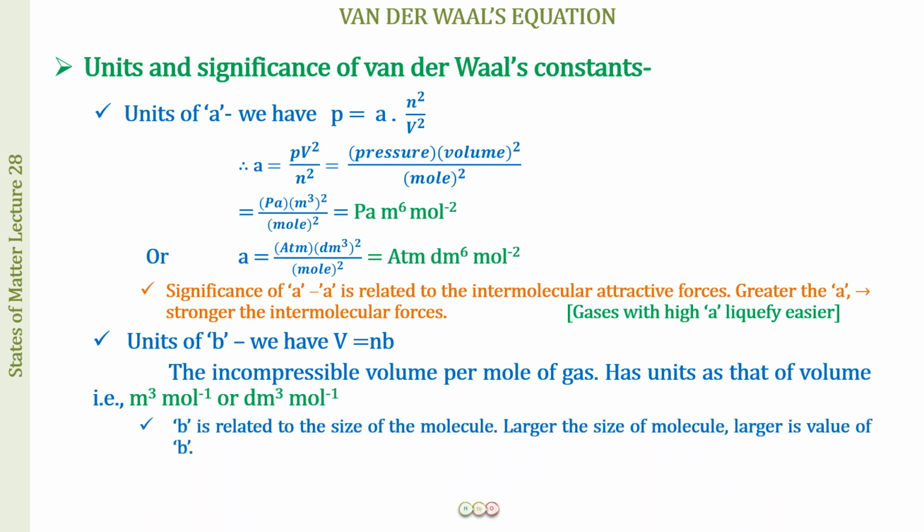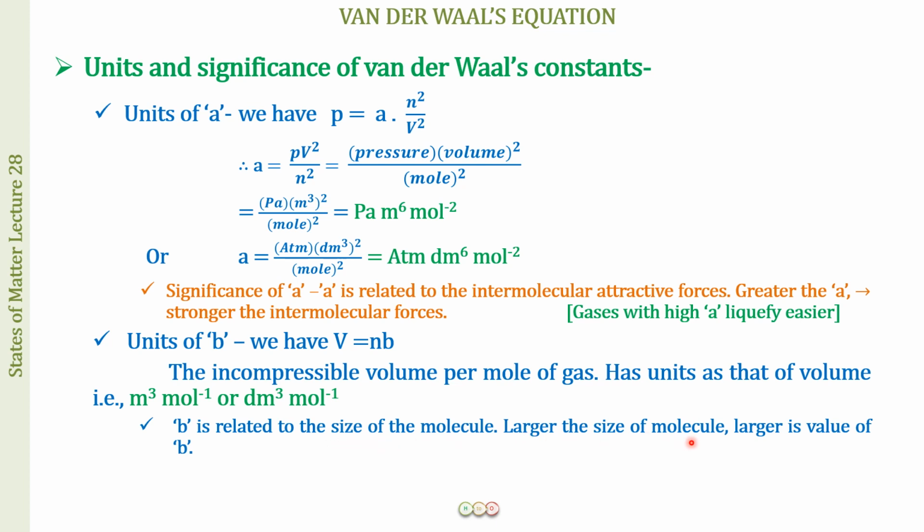Next we move on to the significance of B. You all know B is because of the incompressible volume of the gas molecules. So the value of B is related to the size of the molecule.